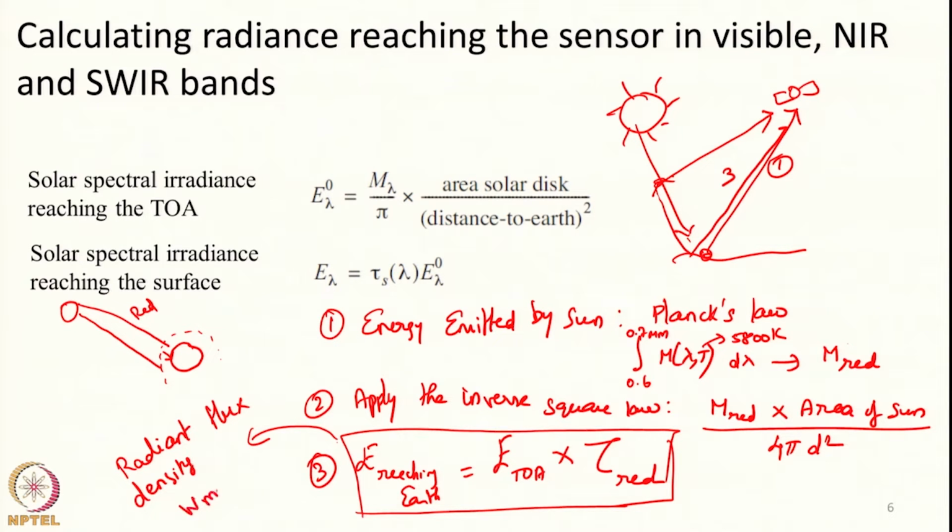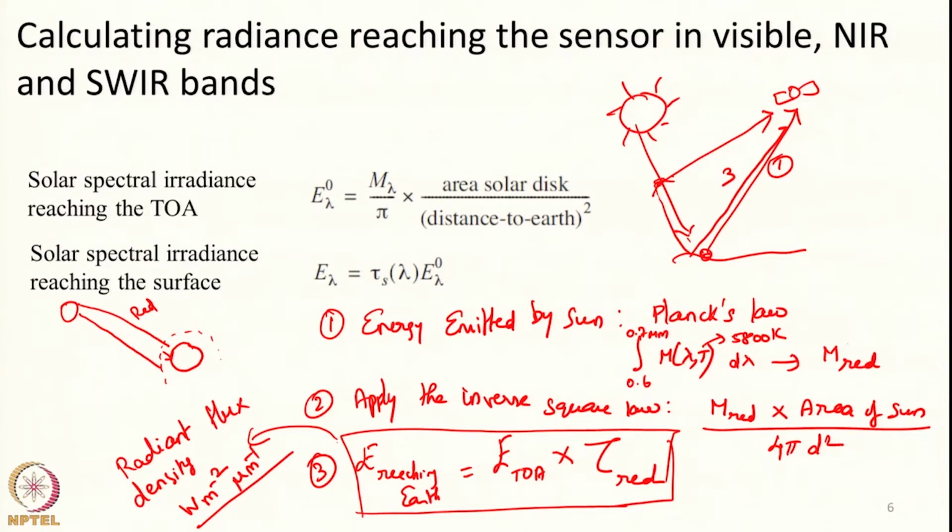It will have units of watt per meter square per micrometer wavelength. So, this is the spectral radiant flux density that we have studied in radiometric classes. This is the power from the sun that reaches the Earth surface. Okay. So, we have calculated it in 3 steps.